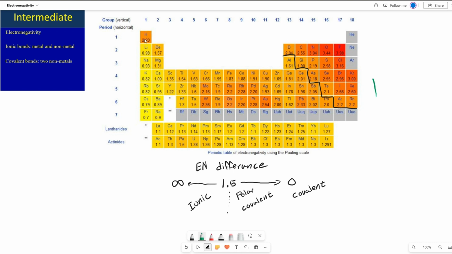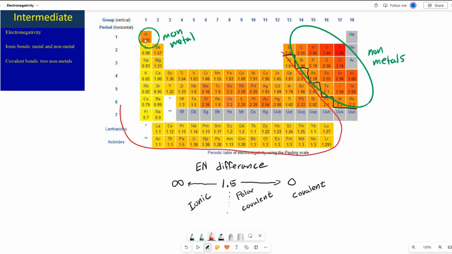So everything over here, these are all of our nonmetals. And we don't want to forget about hydrogen, so I'll circle him too and put him as a nonmetal. And then everything else, basically everything else that you could have in the periodic table, these are all labeled as metals.